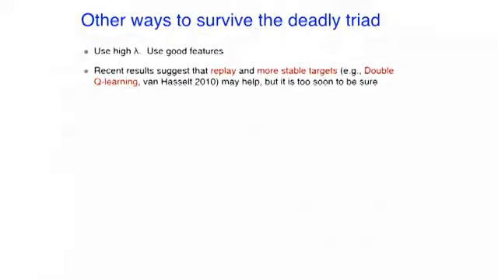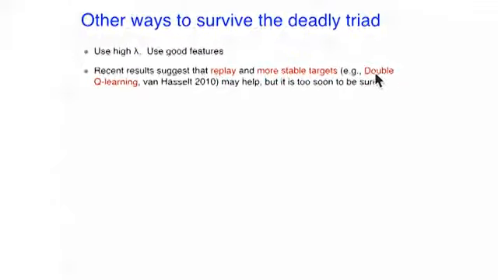Recent results suggest that using replay, which means storing your experiences and playing them over again, can help. Or stabilizing the target policy. Remember, the derivative is not taking into account the effect on the targets. The idea is to just freeze that process, hold it stable, and only update the first part that you're updating anyway.